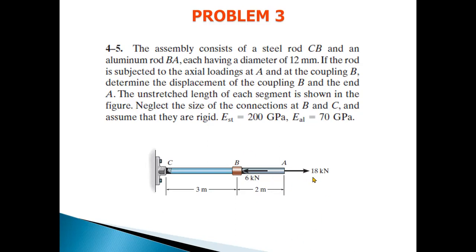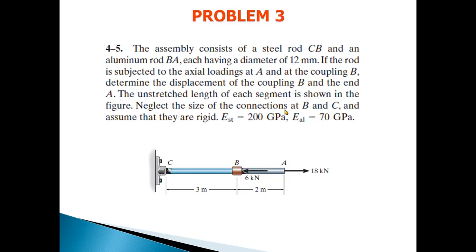Here we have an axial load at point A, which is 18 kilonewton, and there is a coupling at point B. The unstretched length of each segment, or you can say the initial length of each member, is shown in the figure, which is 3 meter and 2 meter.